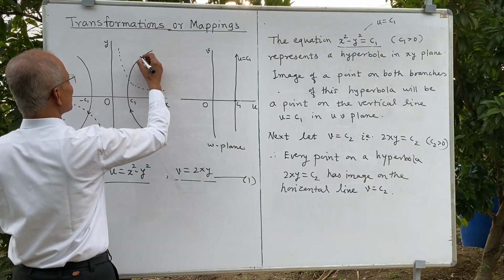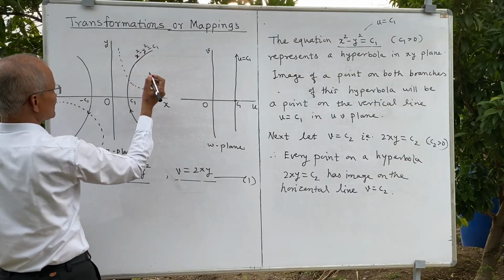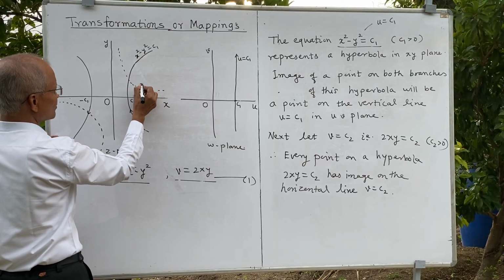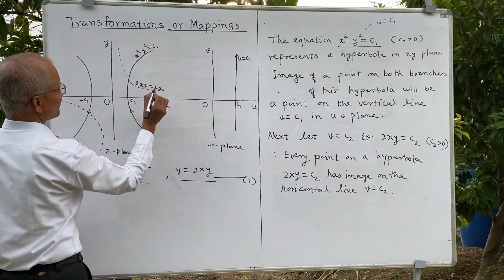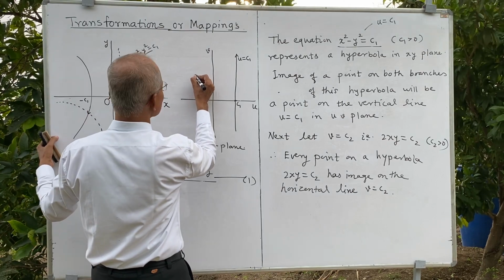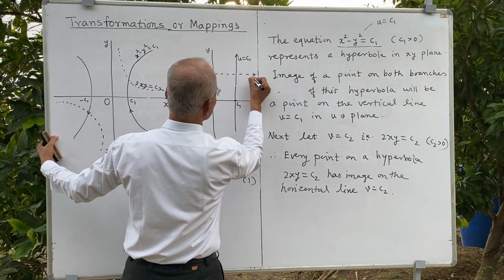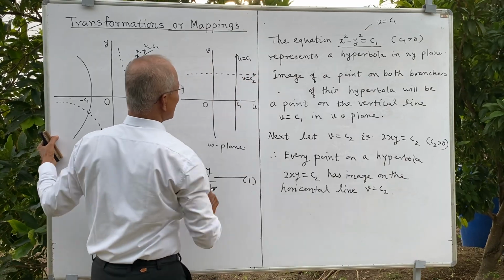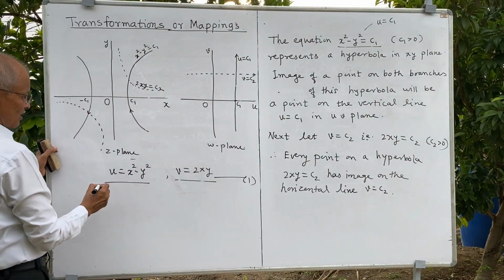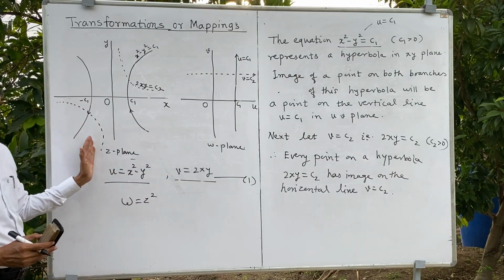So this is the curve x square minus y square is equal to c1, and this is not a parabola but a hyperbola, the hyperbola 2xy is equal to c2, and its image is v is equal to c2, and that we can show like this. This line is v is equal to c2, and thus this is the transformation w is equal to z square from the z plane to the w plane.